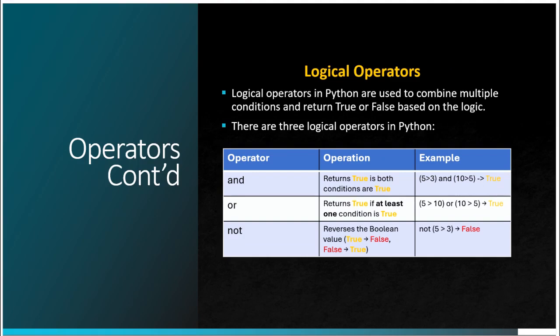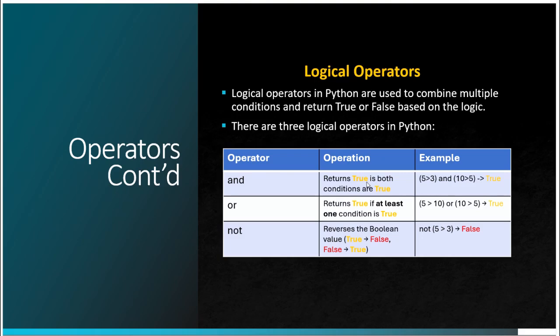Logical operators in Python are used to combine multiple conditions and return true or false based on the logic that we have applied. There are three logical operators available in Python: and, or, and not. What does the AND operator do?